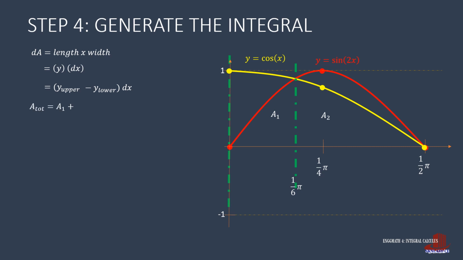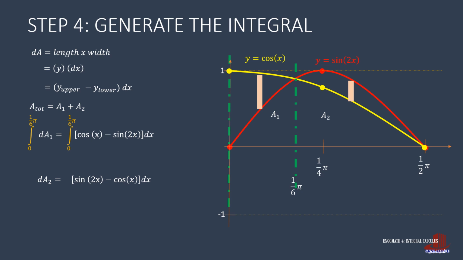The total area is then area 1 plus area 2, where the formula for area 1 is taken as the integral of the upper y, which touches cosine x, and lower y, which touches sine of 2x, multiplied by the width, which is dx. The limits are from 0 to pi over 6. The second area has its formula derived as sine of 2x minus cosine of x for its y upper minus y lower, then multiply dx. The limits for the second area are from pi over 6 to half of pi.